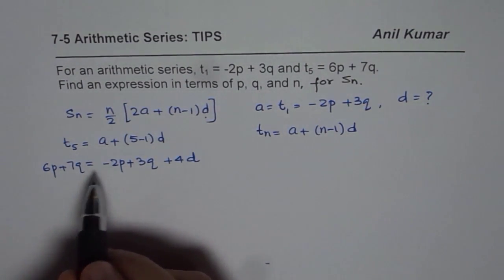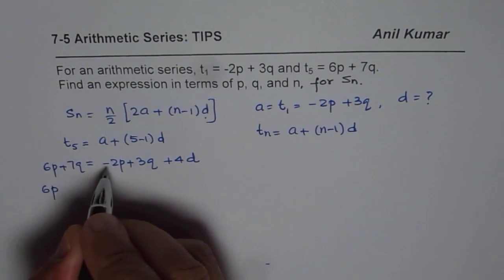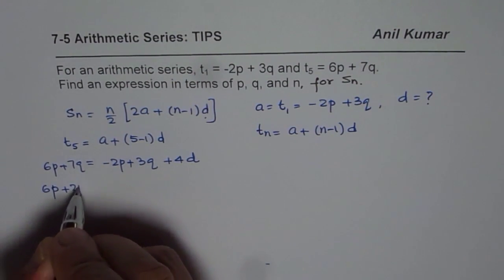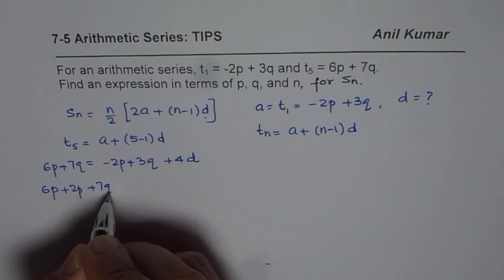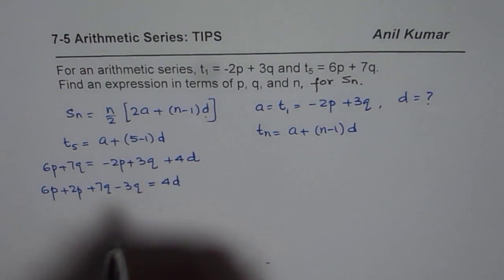Now let's bring these terms together and then divide by 4. So we have 6p plus 2p plus 7q minus 3q equals 4d.